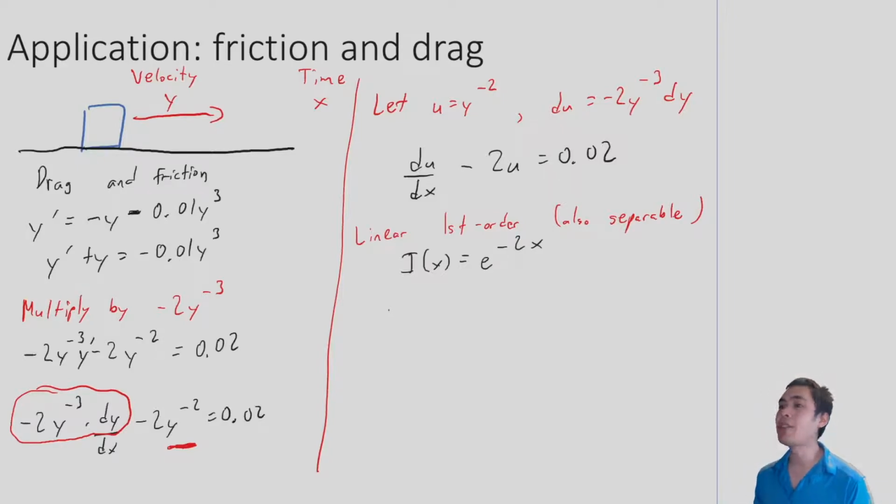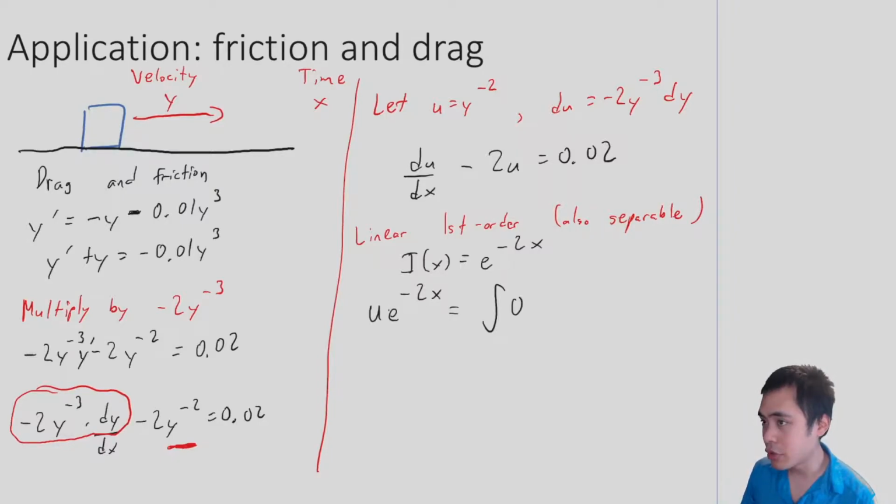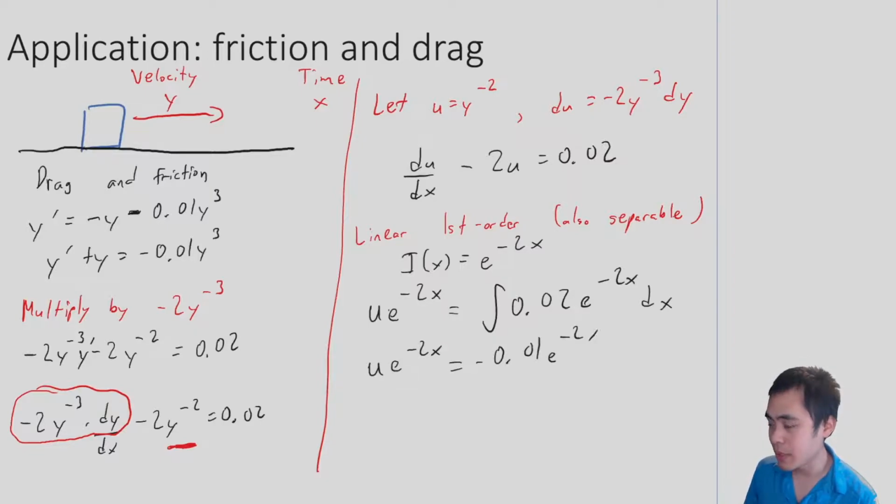And if you go back to the formula for a linear first order ODE, you end up with u e to the minus 2x is equal to the integral of 0.02 e to the minus 2x dx. And therefore, u e to the minus 2x is equal to minus 0.01 e to the minus 2x plus some constant.